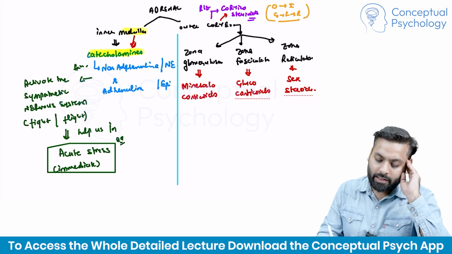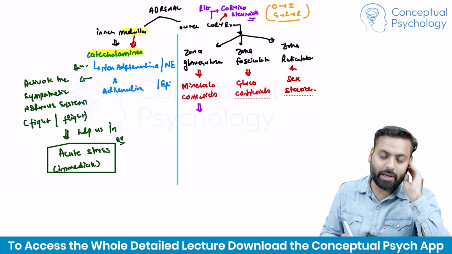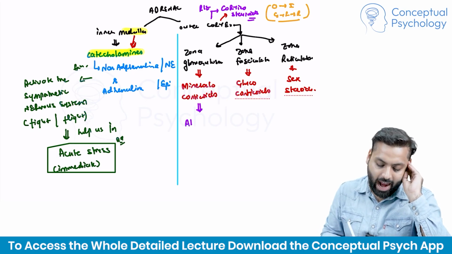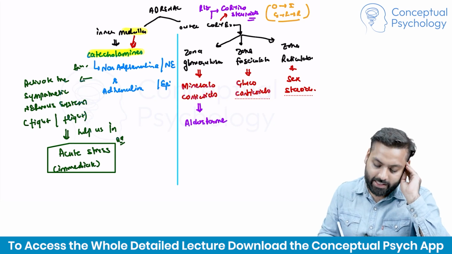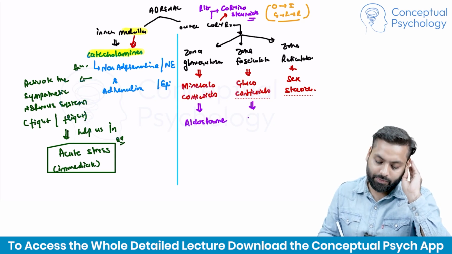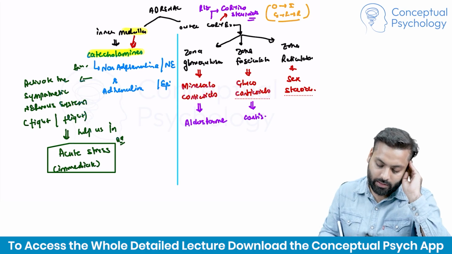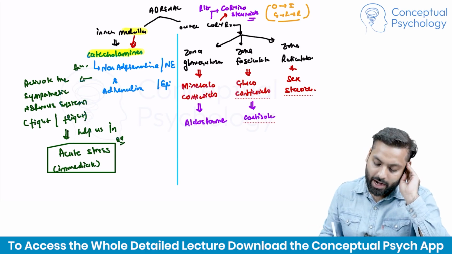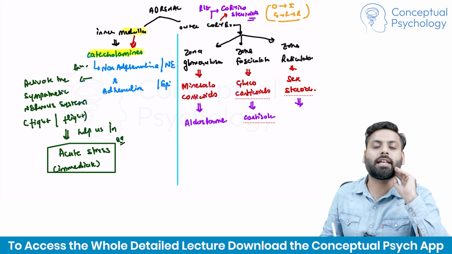What is the name of the mineralocorticoid? The name is aldosterone. What is the name of the glucocorticoid? This is cortisol. And what is the name of the sex steroid?